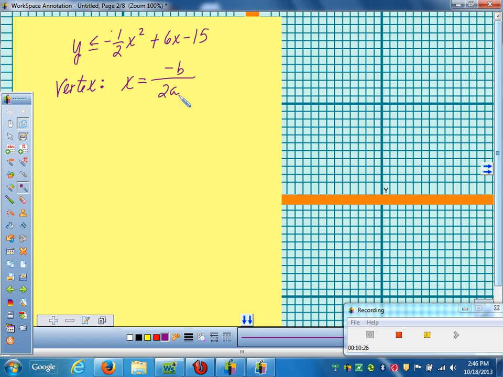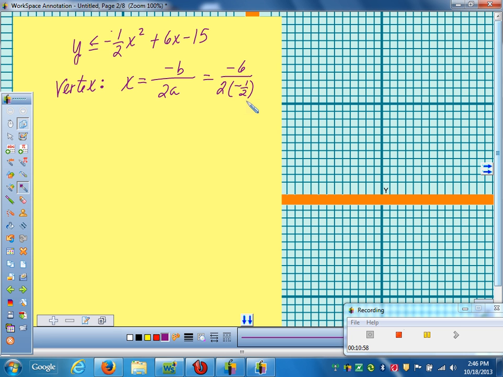So in this case, a negative b would be what? Negative 6. If that had been, say, a negative 8, this would have been positive 8. You always switch the sign on that term. And then do 2 times a, which in this case a is negative half.